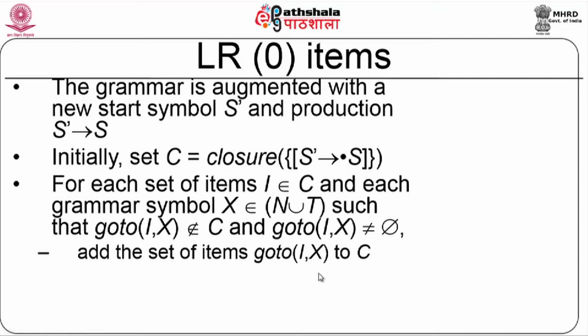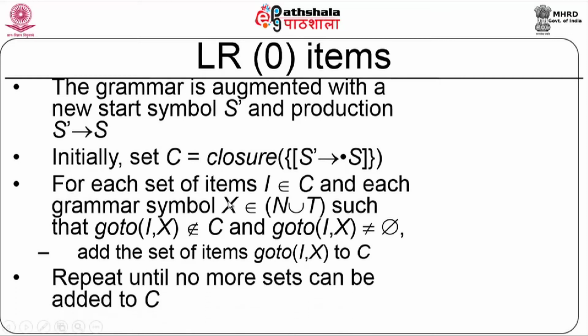What is the closure computation? Repeat until no more sets can be added to C. So, C is going to be this set of items which you are going to compute.